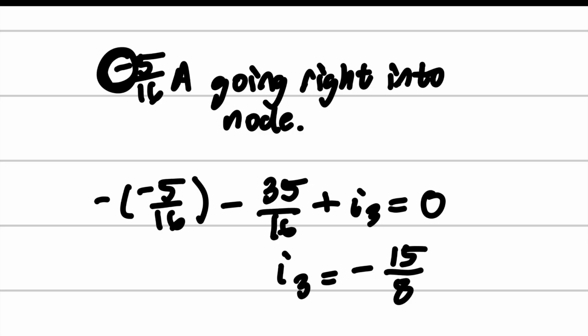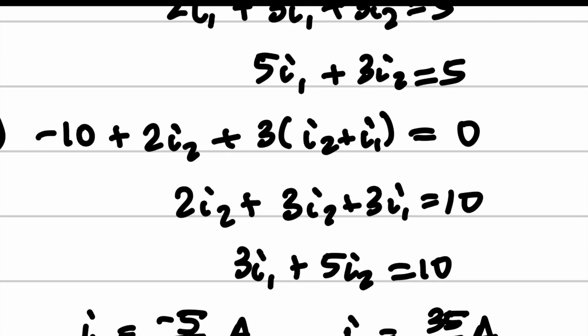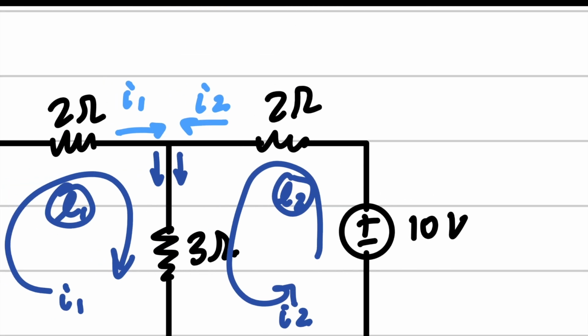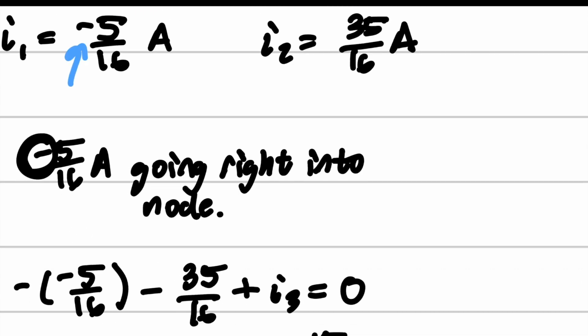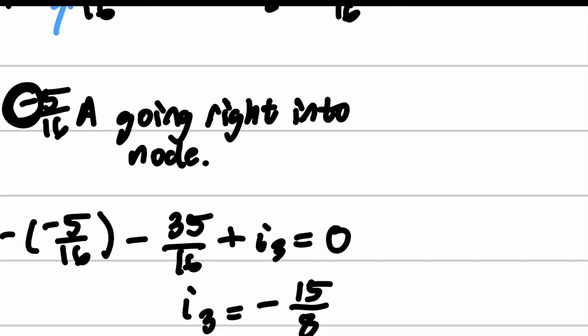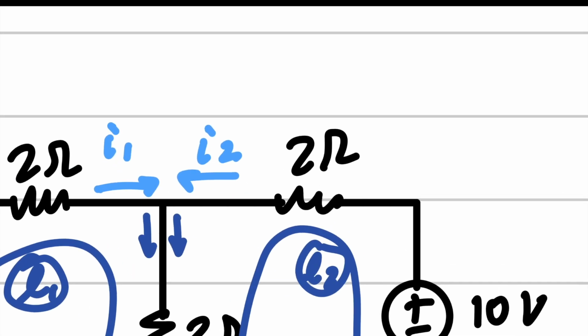And likewise, it's saying that this negative 15/8 direction is going out, but it's negative. So that means that in reality, it's going this way. Does that make sense?